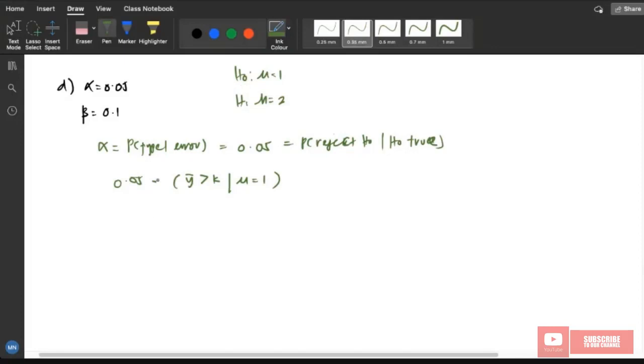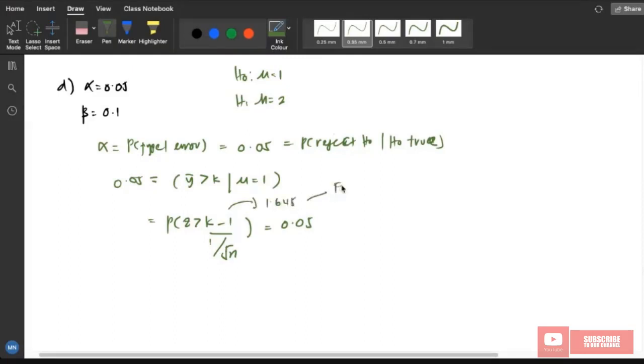Right, so now, the best critical region here should be probability of Z more than (k minus mu) divided by sigma over square root of n, which is equal to 0.05. And we plug in the value of mu and sigma here. So we substitute, mu is equal to 1, sigma also equal to 1. Right? So we know that when alpha is 0.05, this value should be 1.645.